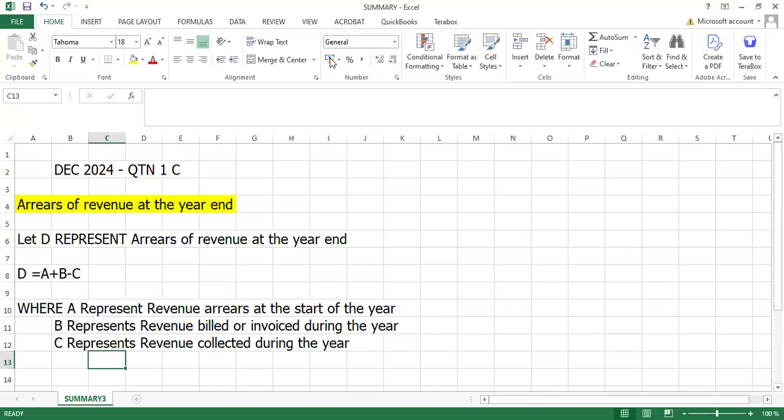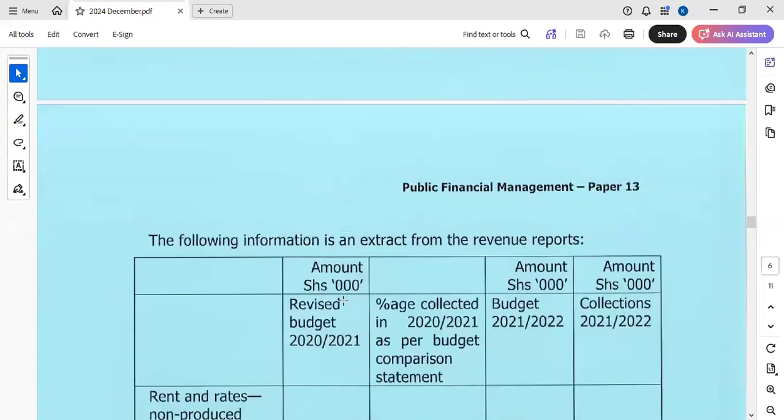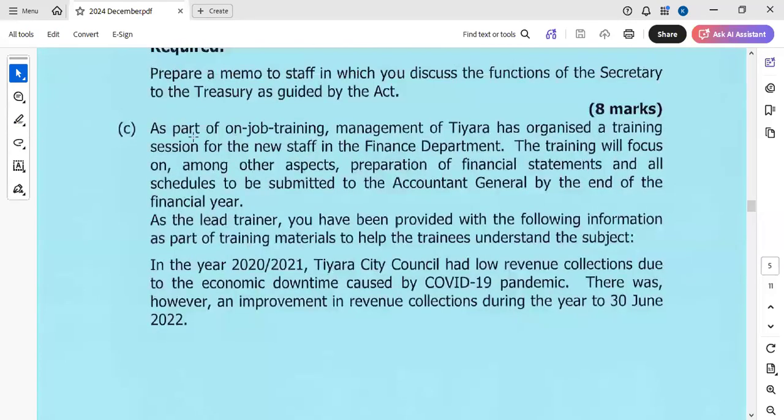So let's read through now. We are told that as part of on-job training, management of Tayara has organized a training session for the new staff in the finance department.